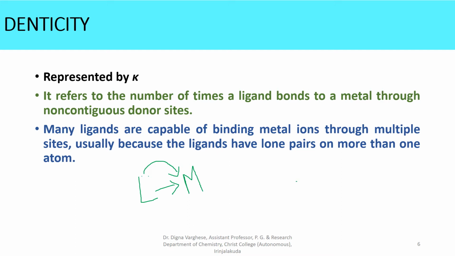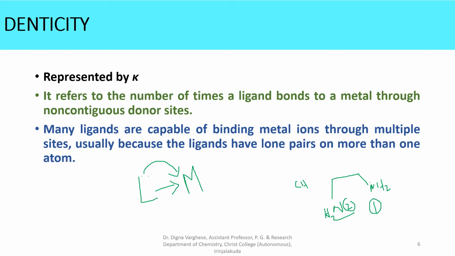For example, in the case of ethylene diamine, we know its molecular formula is NH2CH2CH2NH2. Here is the nitrogen, here is another nitrogen, and two hydrogens are present on each. The first nitrogen can donate 2 electrons to the metal atom, and the second nitrogen atom can also donate 2 electrons to the metal atom.